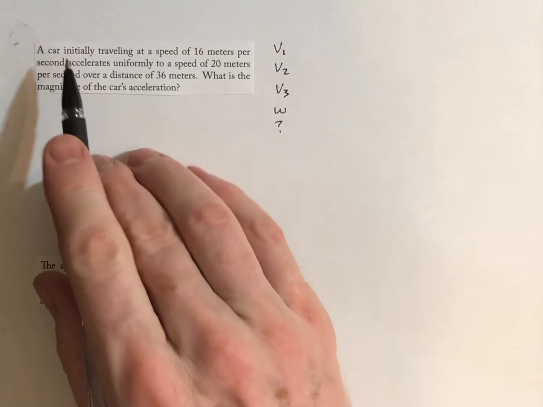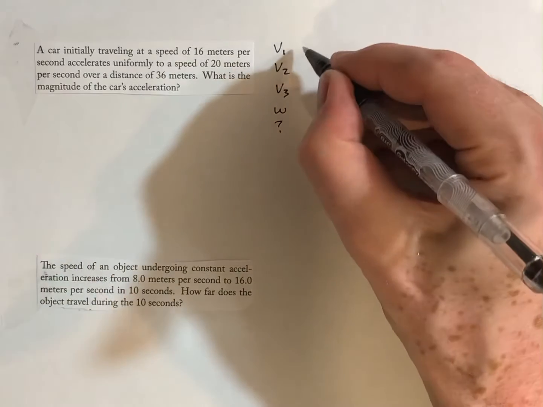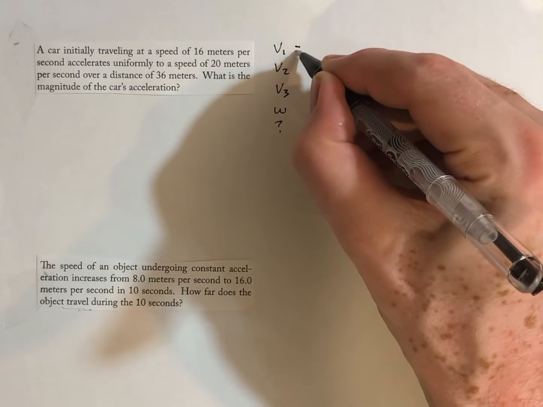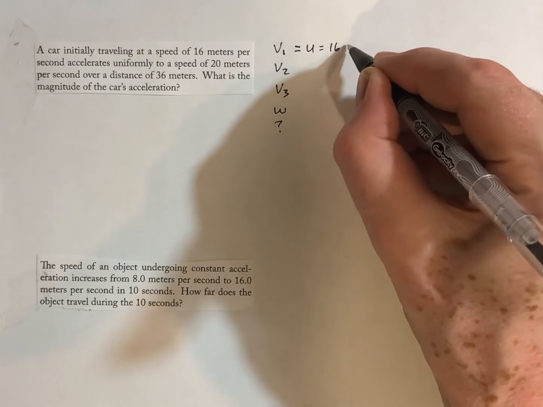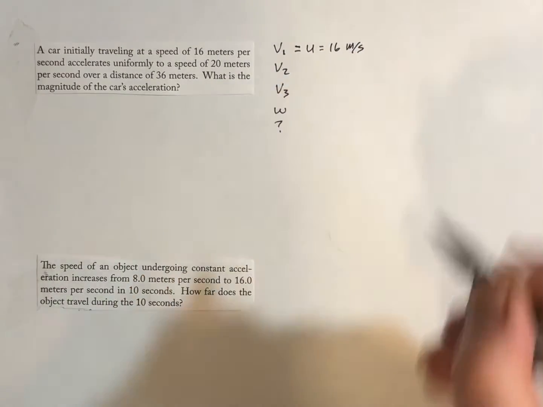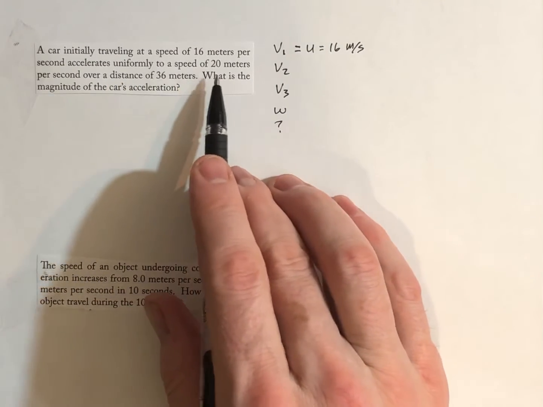All right, so a car initially traveling with a speed of 16 meters per second. So this is U, and it equals 16 meters per second. Accelerates uniformly to a speed of 20 meters per second.